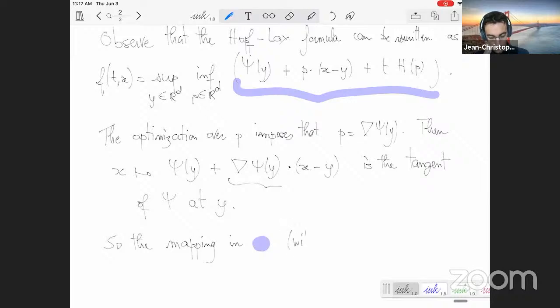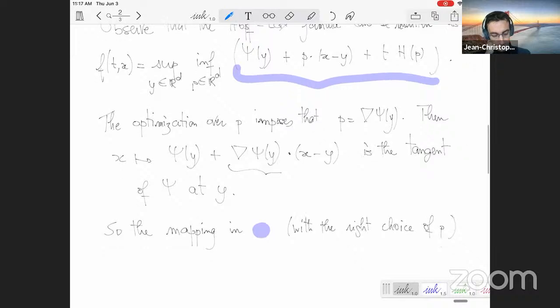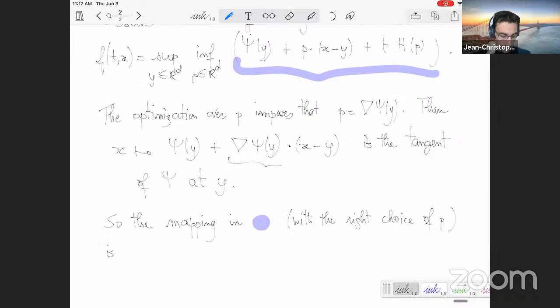So with the right choice of p, the mapping is the solution to the equation with initial condition being the tangent of the initial condition at y.